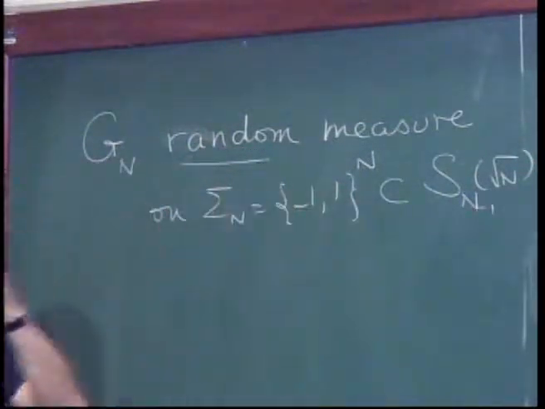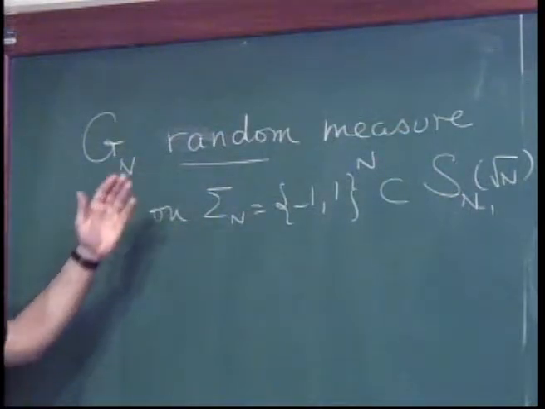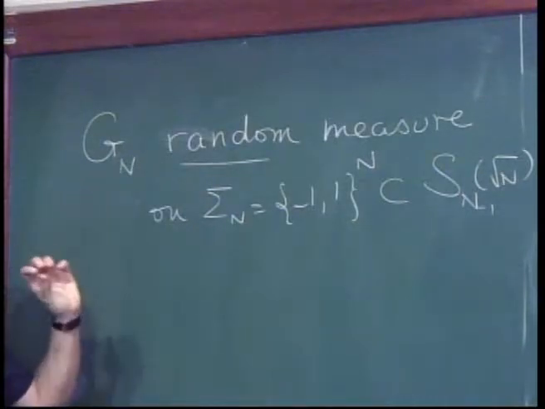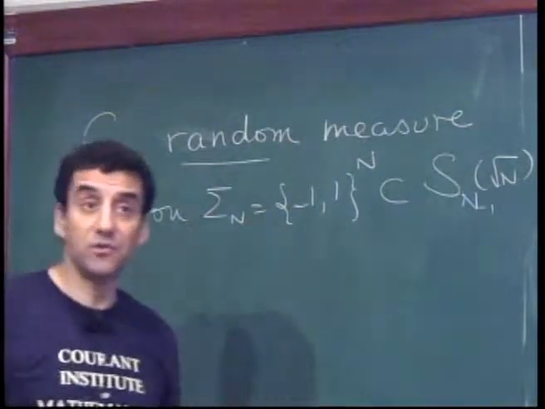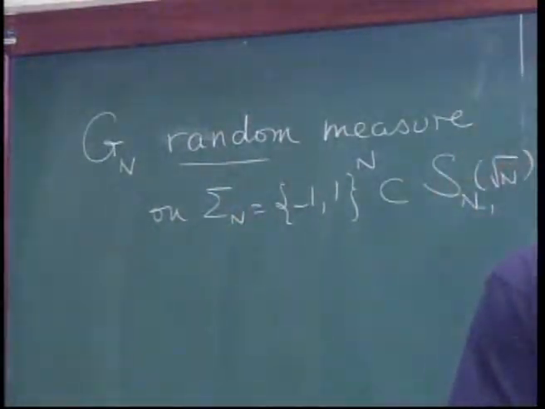The cube is, of course, inside the sphere of radius square root of n. So it's a random measure, and we want to understand this random measure in the limit when n goes to infinity. That's what this whole thing is about.